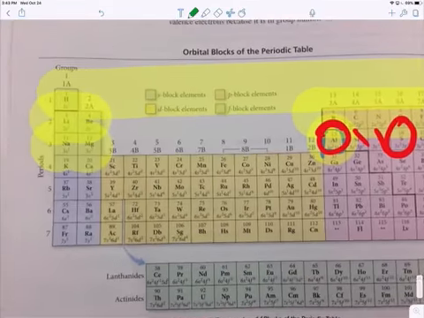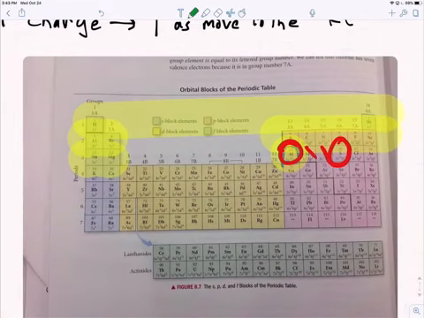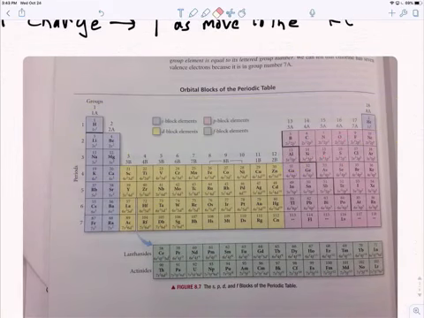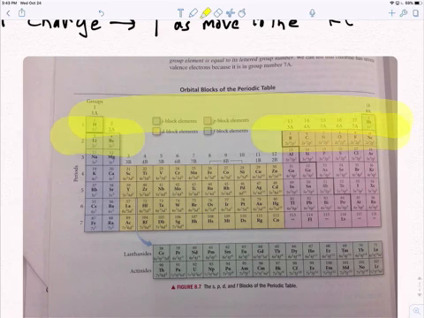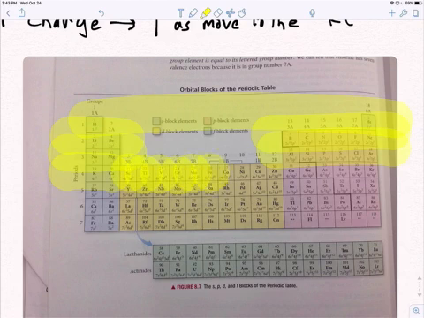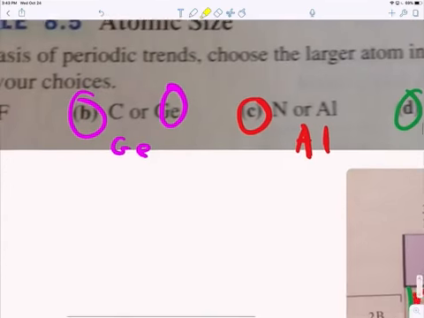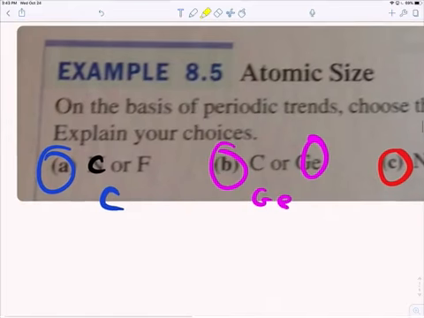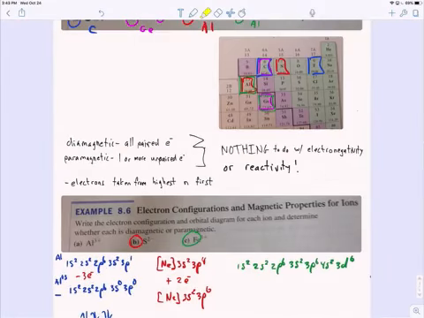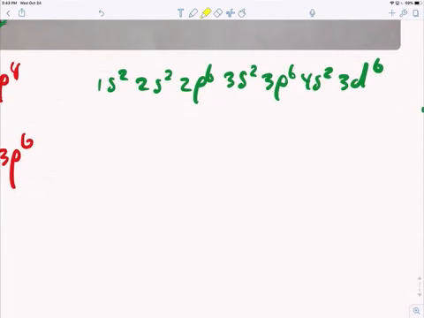I can read it from the periodic table, of course. 3d: 1, 2, 3, 4, 5, 6, so 3d6. Counting down. That's where I got that.